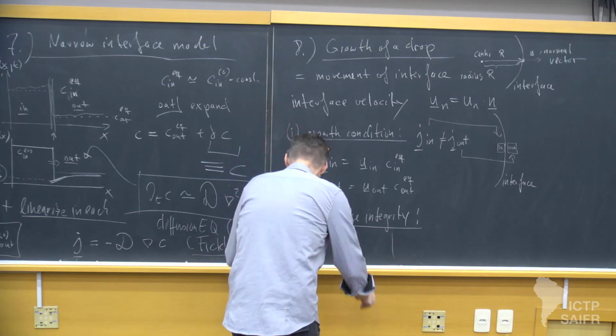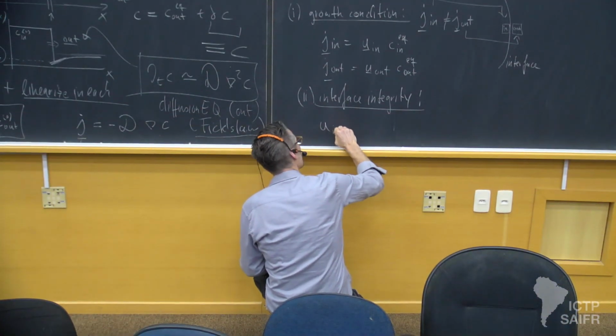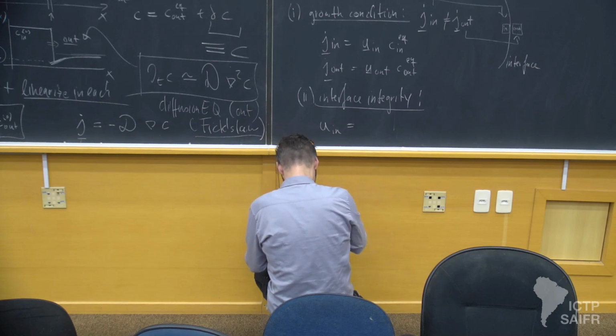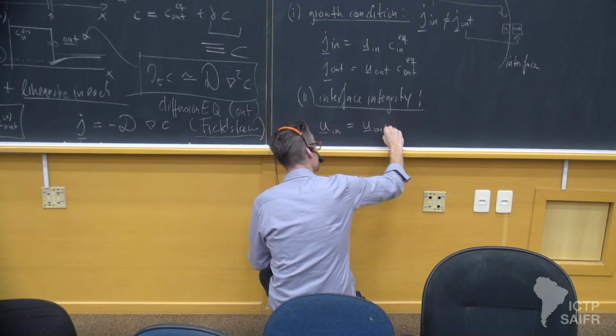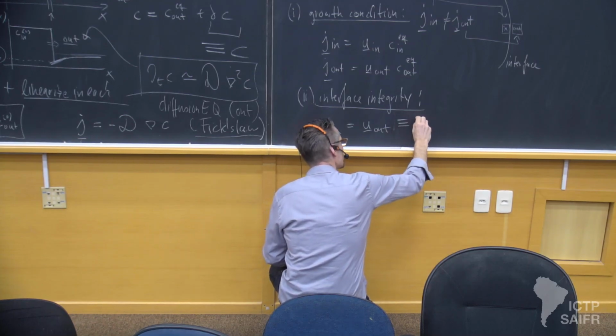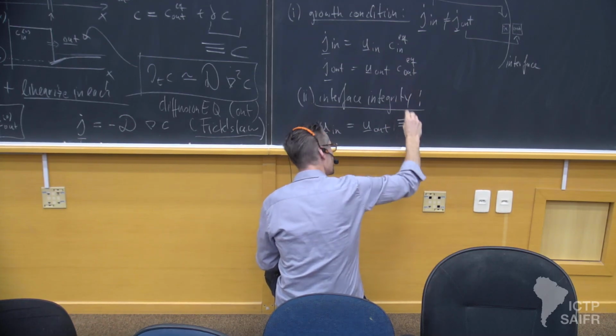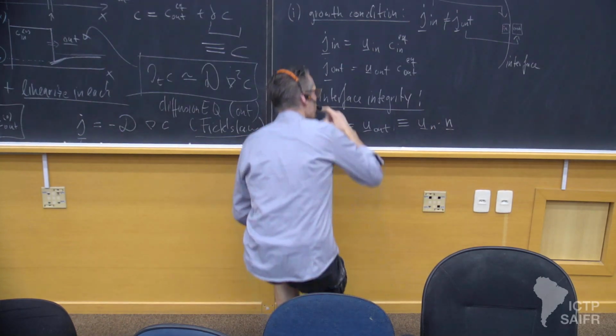This integrity condition just says that the velocity u_in is u_out, and this now I define, or that is exactly this interface velocity I defined here.